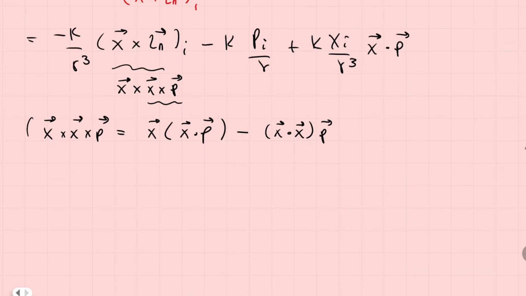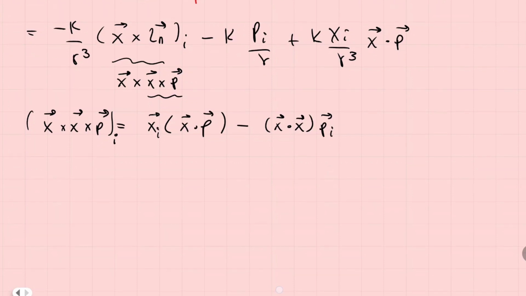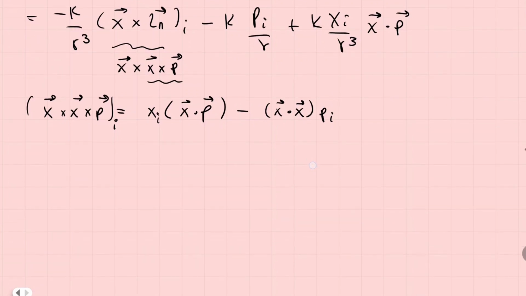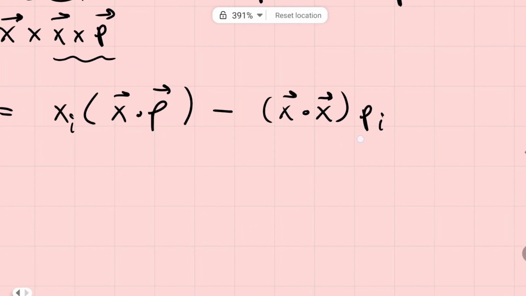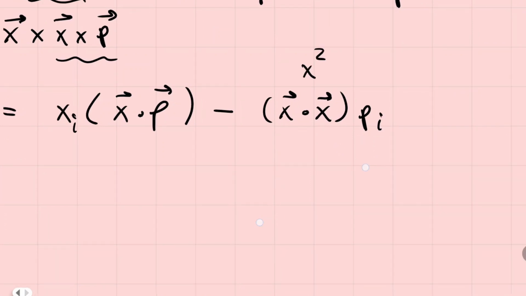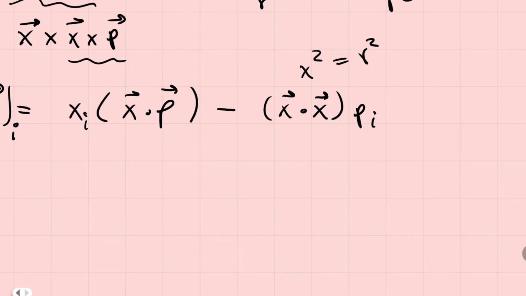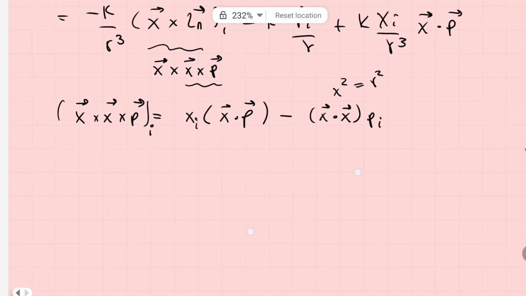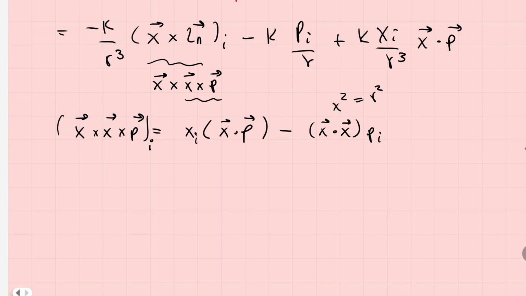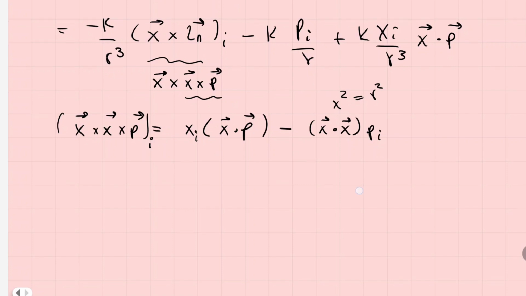And we are going to take the I component, so that will be xi pi, meaning that we don't need this arrow here. And x dot x is just x squared, which is actually r squared, because it's the magnitude of the vector squared.